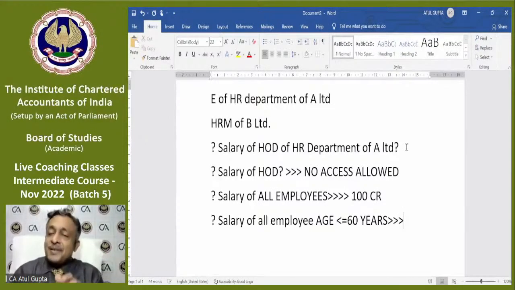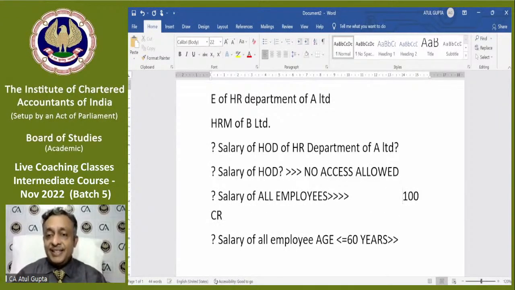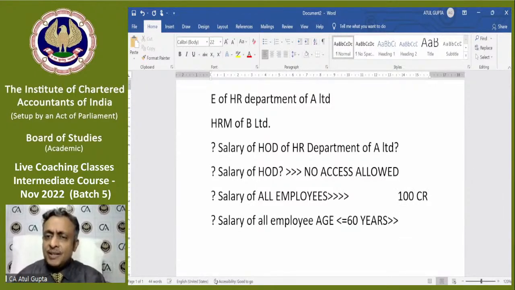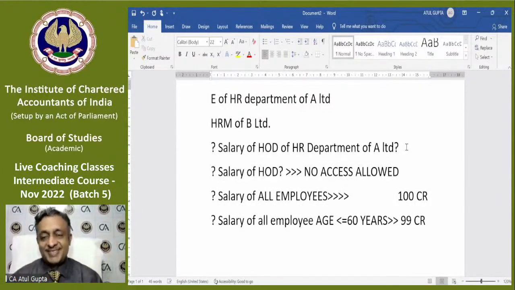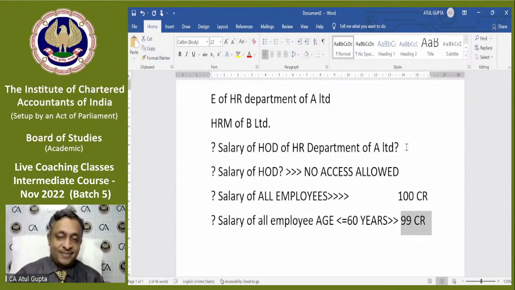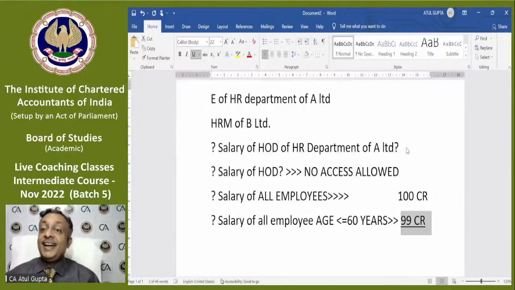I write another query: give me details of the salary of all employees of the company whose age is less than or equal to 60 years. The system gives me the answer: 99 crores. You know what I get? We all know. I get the salary of the HOD: 1 crore per annum.